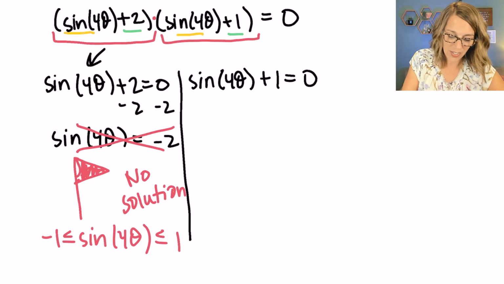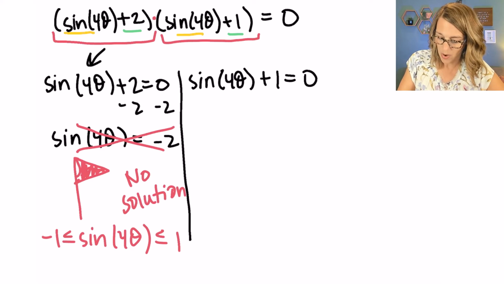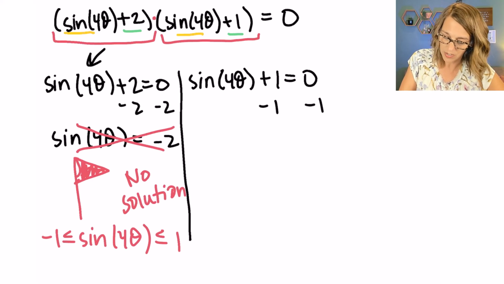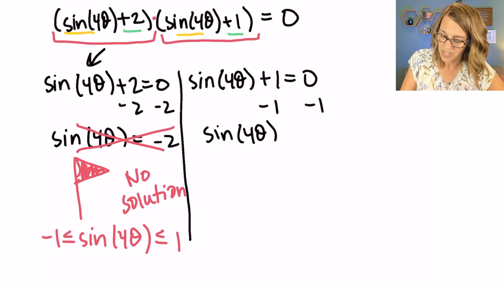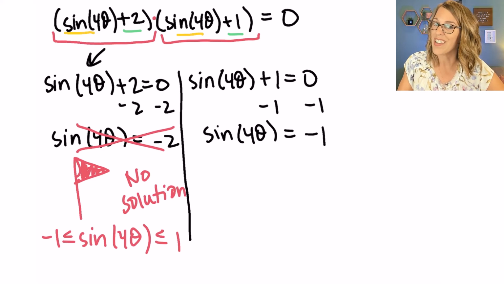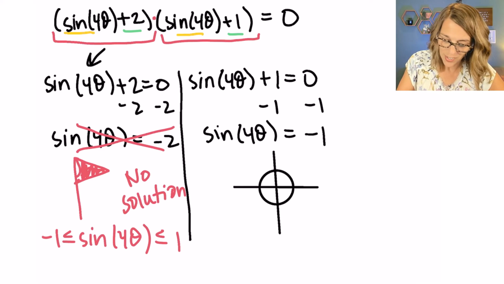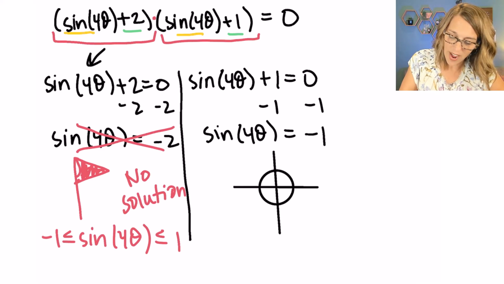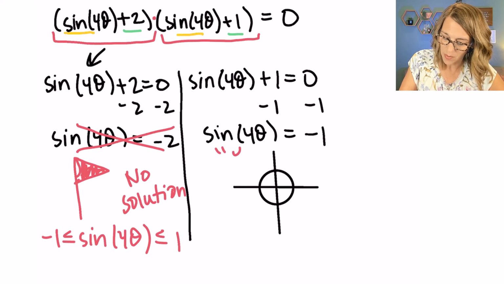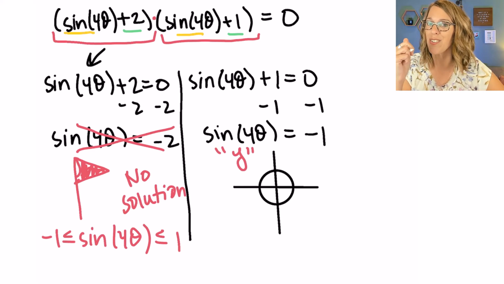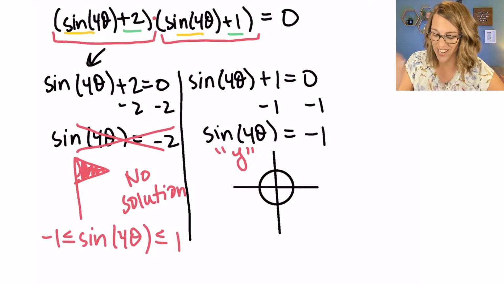Now in the second factor, I'm going to start the same way. I'm going to move that 1 to the other side, and I get the sine of 4 theta is equal to negative 1. Now this is possible. So if I bring up my unit circle, I can think about where sine, or y on the unit circle, is equal to a negative 1.